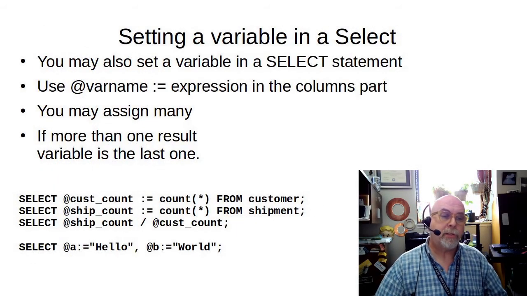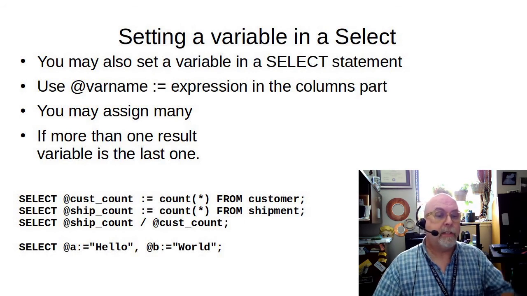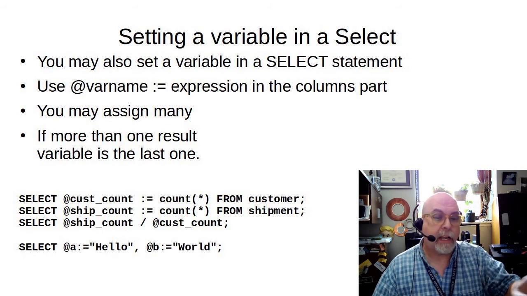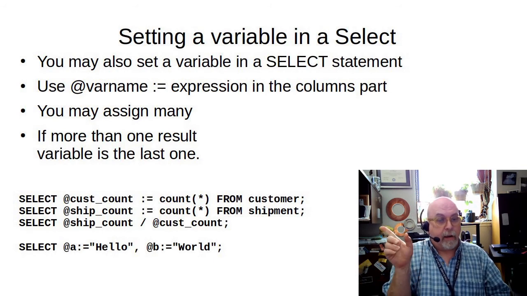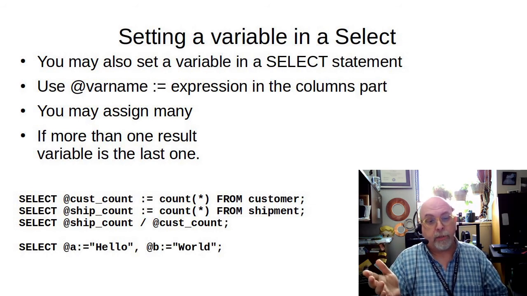Variables may also be set in a select statement. So you can see that the first select statement there would set the variable cust_count to the number of rows in the customer table that could be used later.